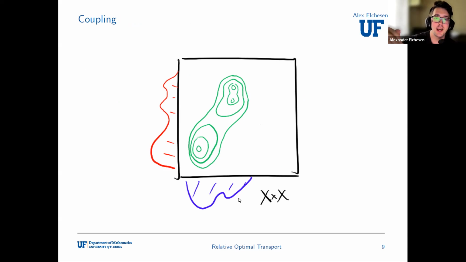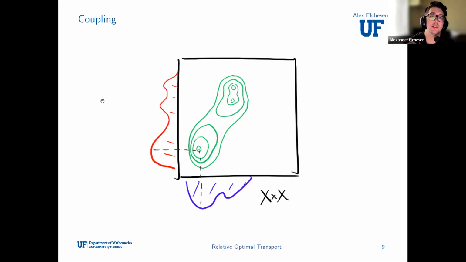If you shine a flashlight down on this mountain system, you'll get the blue distribution, and if you shine a flashlight from the other side, the shadow that you cast will be this red distribution. That's the marginal condition: if you project down onto the first and second coordinate, you should get the measures that you started with.